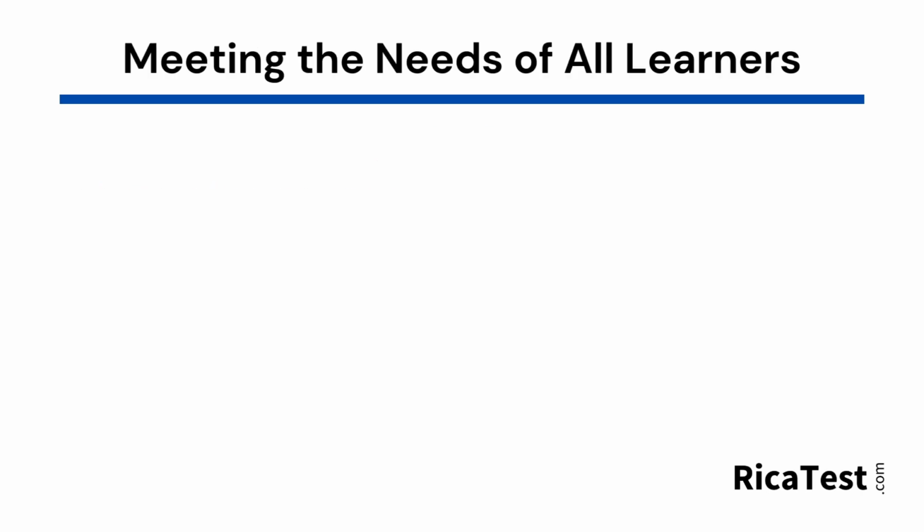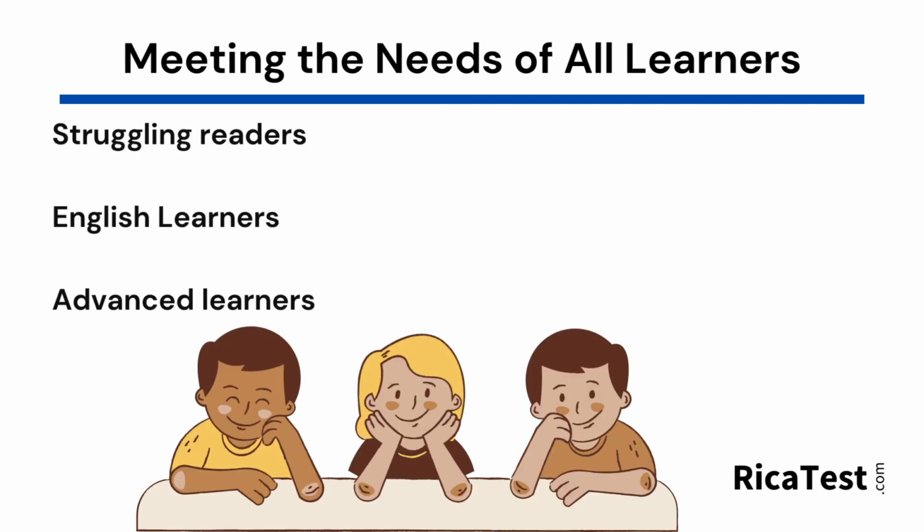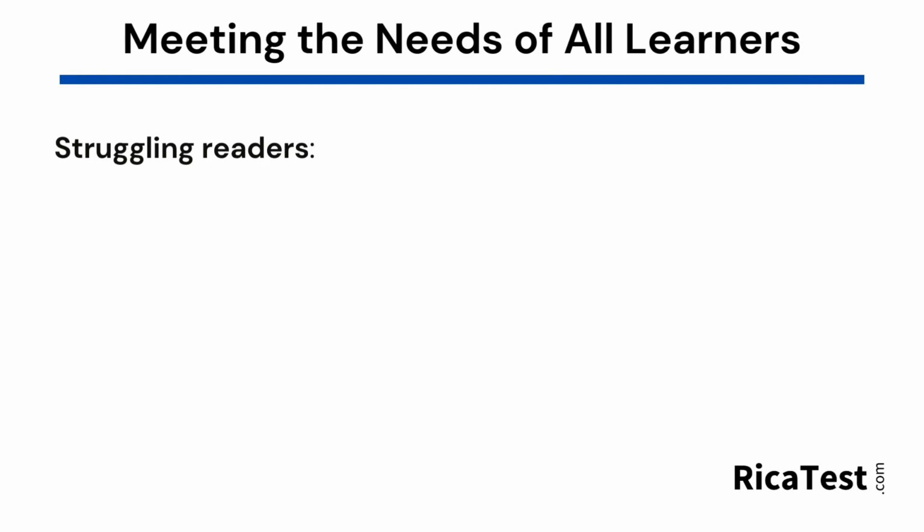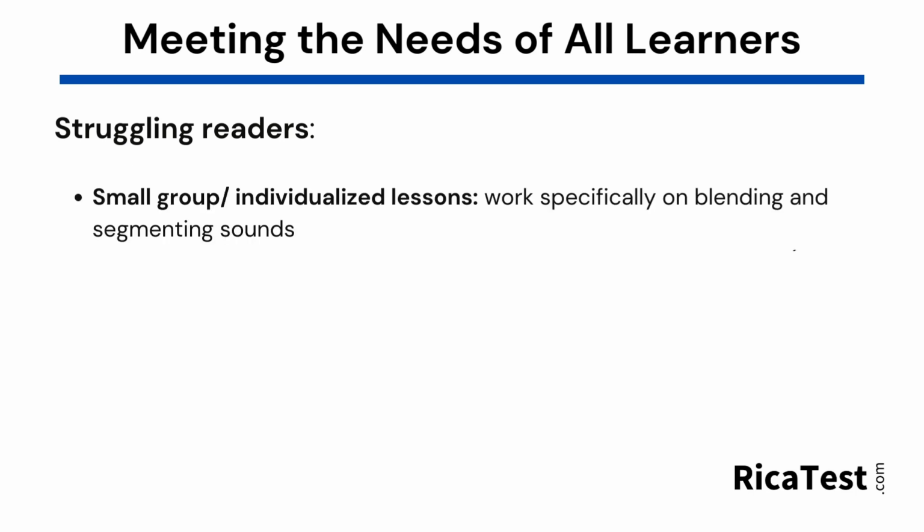There are three main groups of readers that the RICA test will focus on, and these include struggling readers, English learners, and advanced learners. We'll begin by looking more closely at meeting the needs of our struggling readers. We can differentiate instruction to meet the needs of struggling readers by doing the following: providing small group or individualized one to one lessons while working to build their word blending or word segmenting skills.